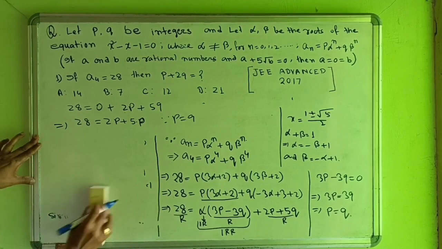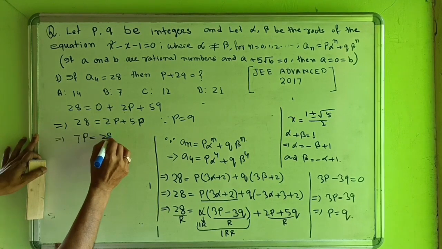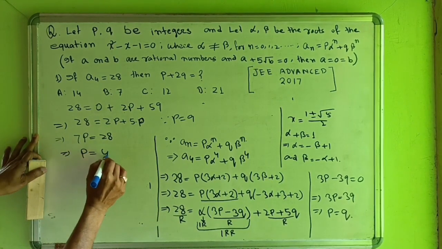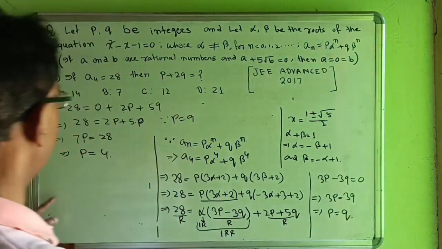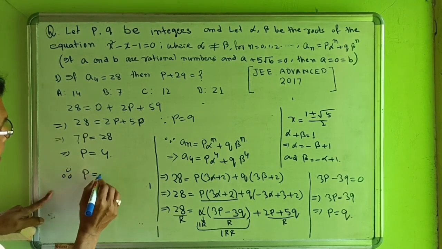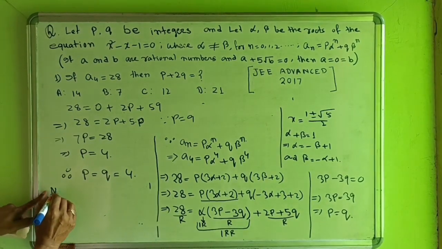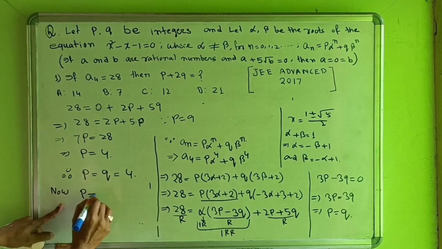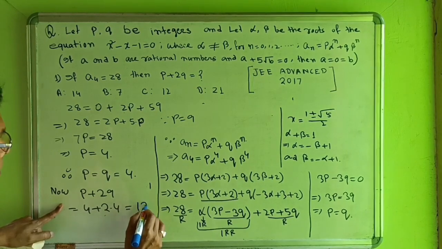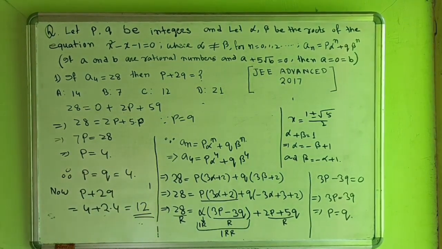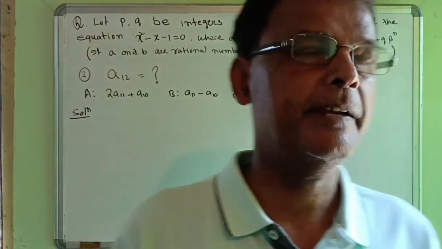Therefore we get 7p is equal to 28. This implies p is equal to 4. Since p and q are the same, p is equal to q is equal to 4. Now p plus twice q is equal to 4 plus 2 into 4, which is 12. Therefore the option is C.